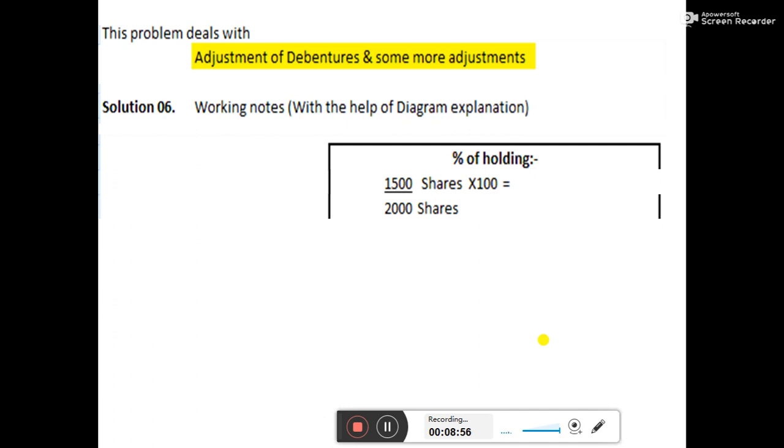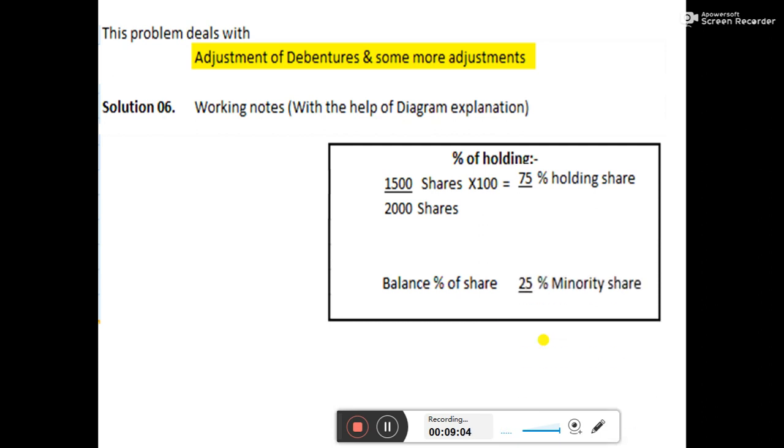If we multiply by 100, we will get 75% as holding share. The balance percentage of share will be called minority share. So this problem basically is a partial holding, and whenever partial holding is there, minority share calculation will come into picture. So now let us start with the diagrammatic explanation.